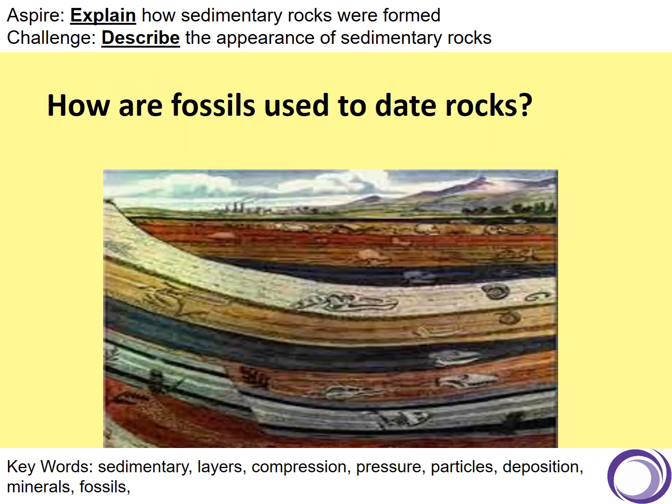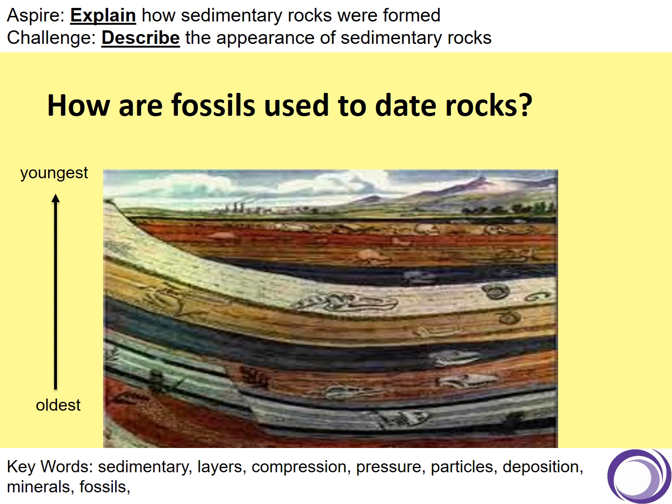And fossils are actually used in order to date rocks. Now, it's quite logical that as sediments form, the oldest sediments are at the bottom and the newest sediments, or the youngest ones, are at the top because of the process of them building up with the sediments being deposited and new sediments being layered on top.